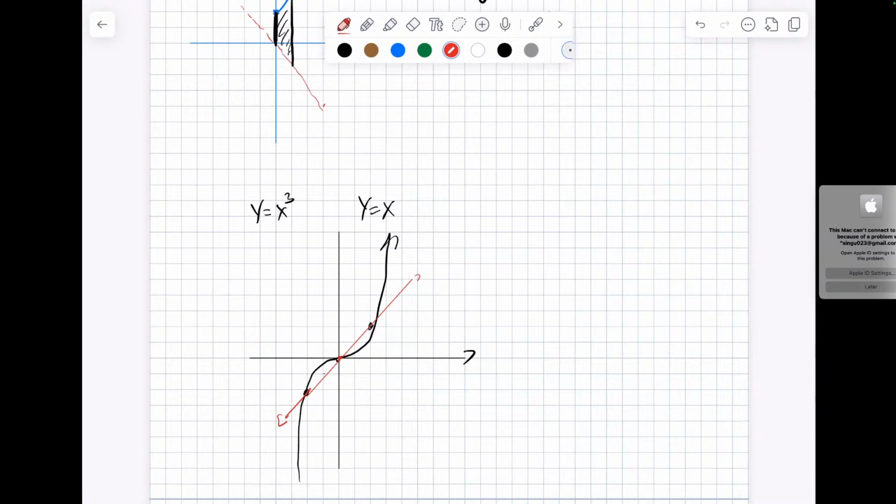And we know that if we set the equations equal to each other, we will find 3 intersections, because we can factor out x. And we can say that's x plus 1 and x minus 1. So x equal to 0, x equal to negative 1, and x equal to 1. So we know that it is negative 1, 0, and 1.